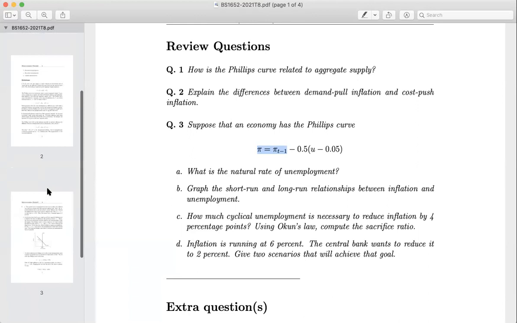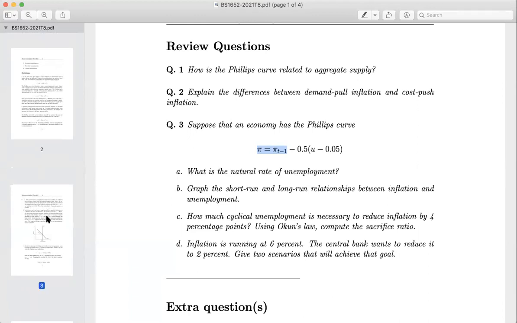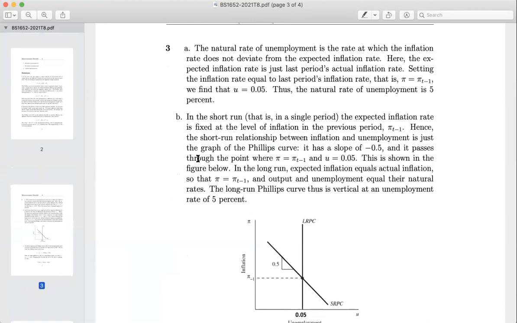This is something very easy to do, but if you have a question like this in an exam or in a test, you need to use the information you're given in the question to answer it.